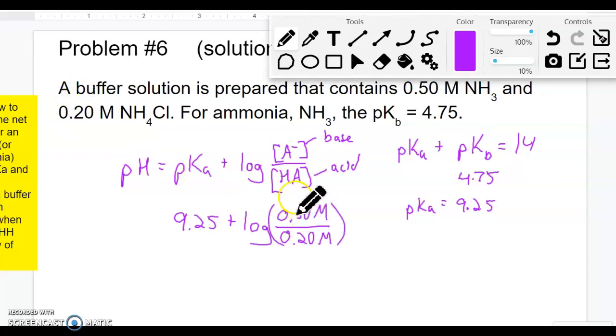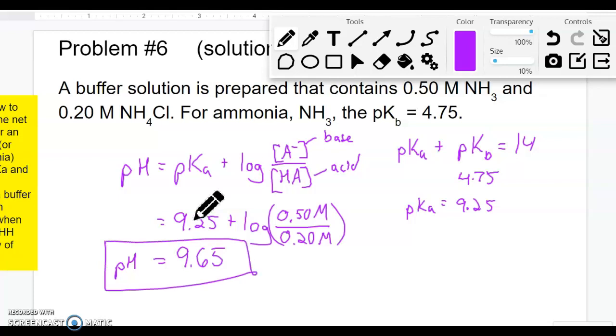When I put this on my calculator, I need to do this first, 0.50 divided by 0.20, do the logarithm plus 9.25, and when I do that, my pH comes out to be 9.65, and it's the exact same answer that we got last time.